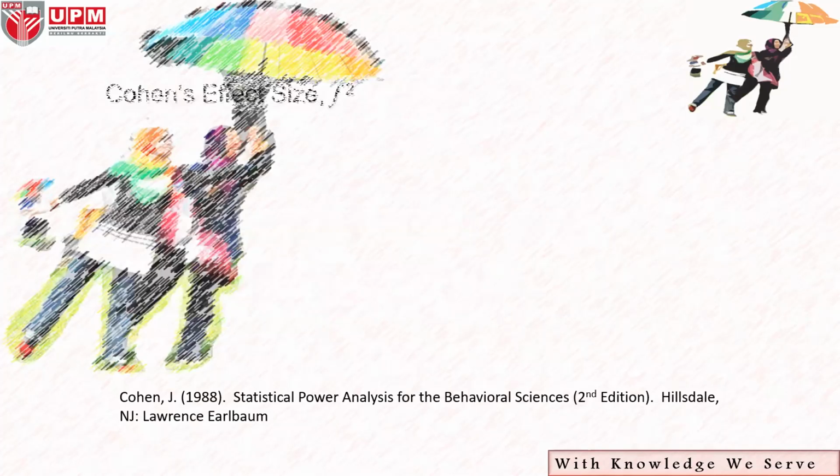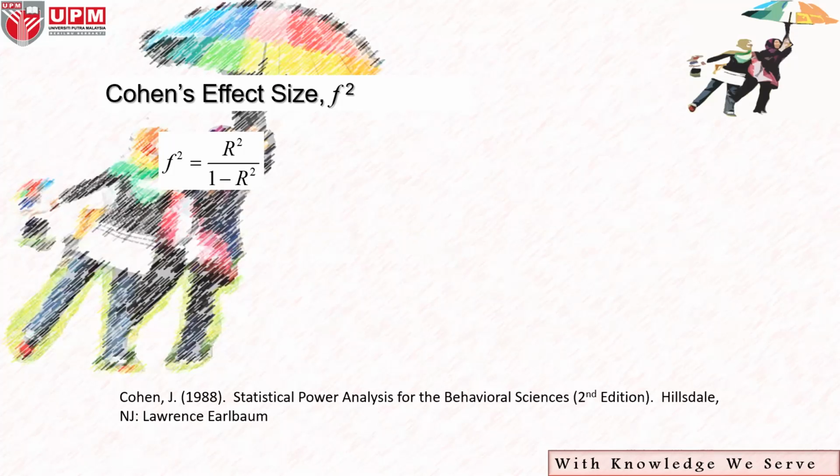Another thing that we can report is the effect size. We know the amount of variance, we know the result is significant, but we want to know how large the influence is: small, medium, or large. So we report Cohen's effect size, in which the equation is f squared equals R squared divided by 1 minus R squared.